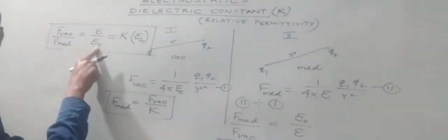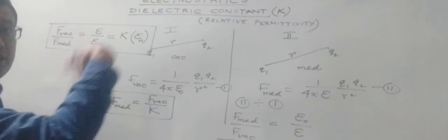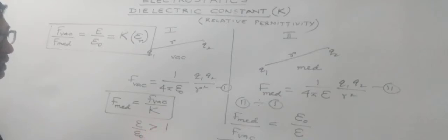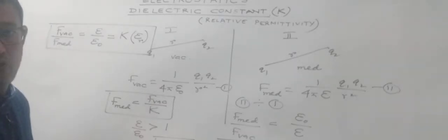Now, as I have told you, for vacuum, the value of permittivity is minimum. Any other medium will have a value of permittivity greater than epsilon naught. So therefore, epsilon over epsilon naught is always greater than 1, or K, which is the dielectric constant of any medium, is always greater than 1.